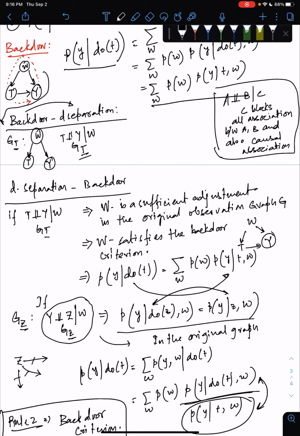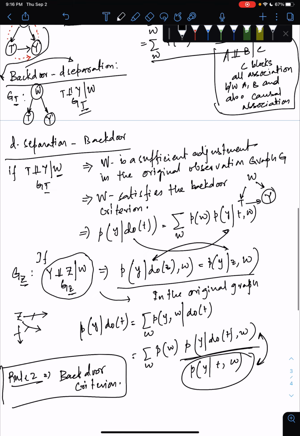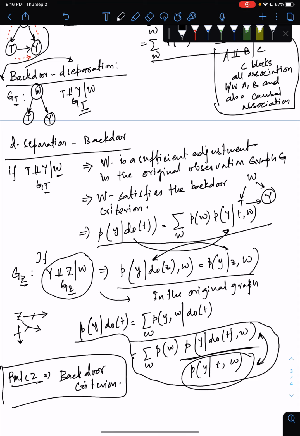Now if the reverse happens, first we are given a graph where this thing holds, and in this particular graph all the edges going out of T have been removed. Then we say that W is the sufficient adjustment set. So in the original graph we can adjust for W. So this relationship holds, and if we marginalize this and use the product rule, we have this thing.